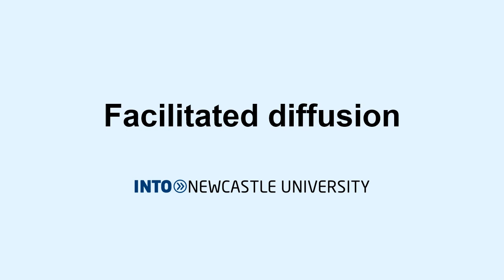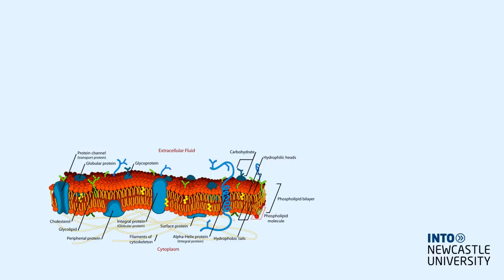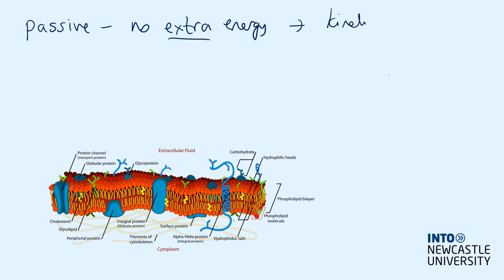The final passive transport mechanism we're going to talk about is facilitated diffusion. Just like diffusion and osmosis, facilitated diffusion is a passive process, so there's no extra energy needed. We are just powered by the kinetic energy of the molecules involved.